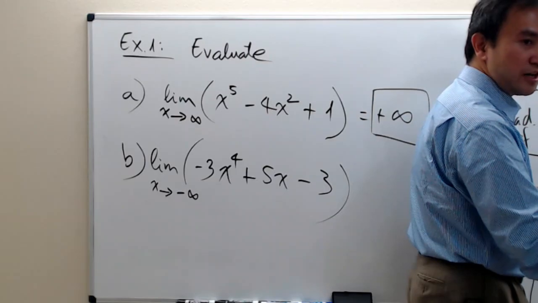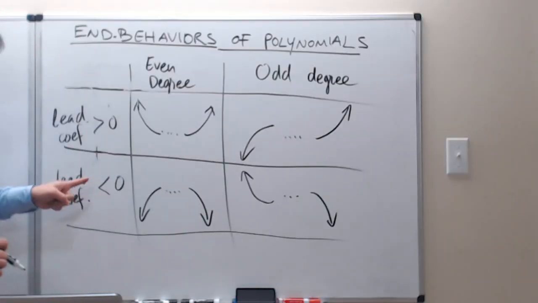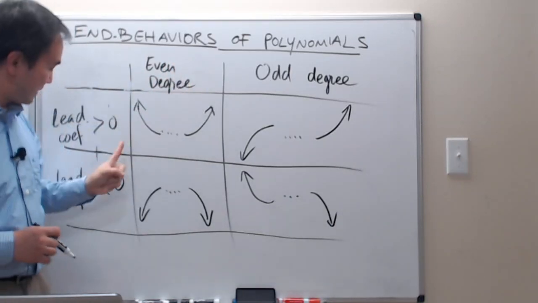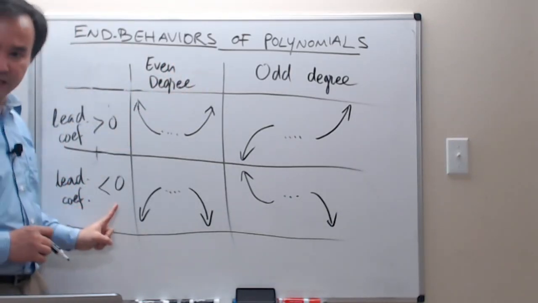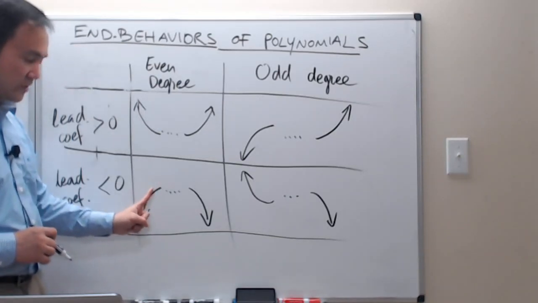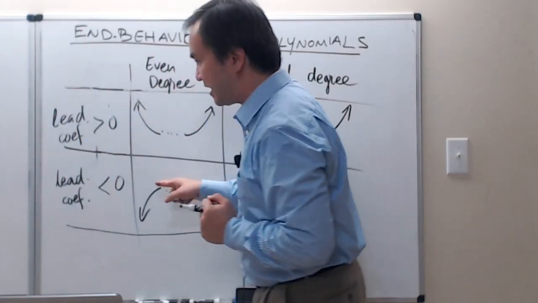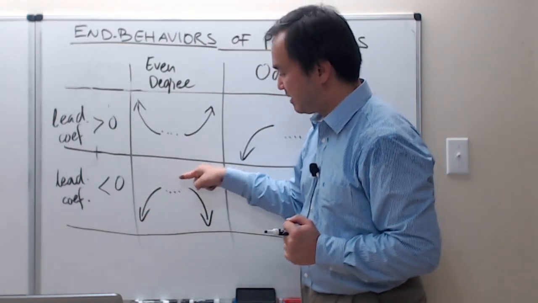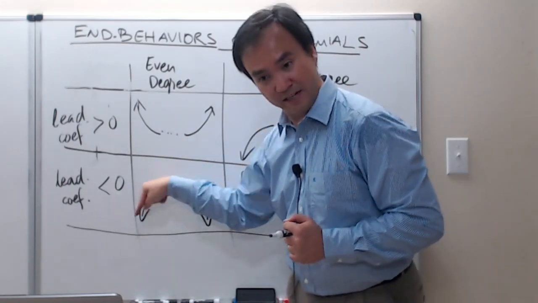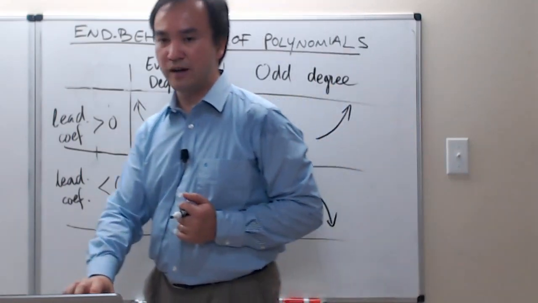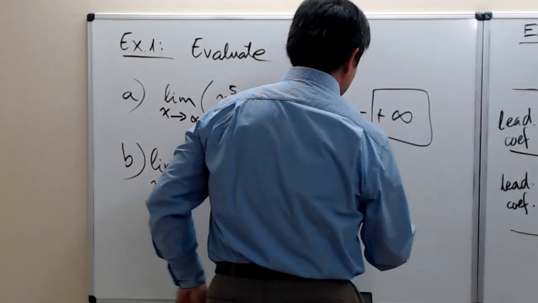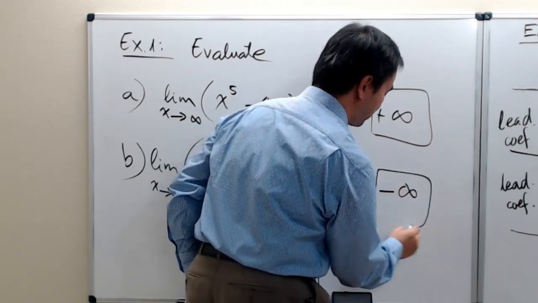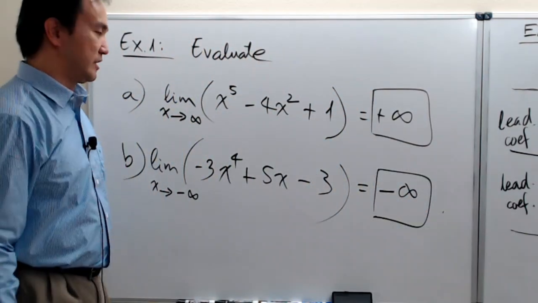Our polynomial is even degree, with a negative leading coefficient, and we were looking at the left-hand behavior. Left-hand behavior on this kind of polynomial has to be pointing down. Left hand points down. So back into our problem, the answer here must be negative infinity.